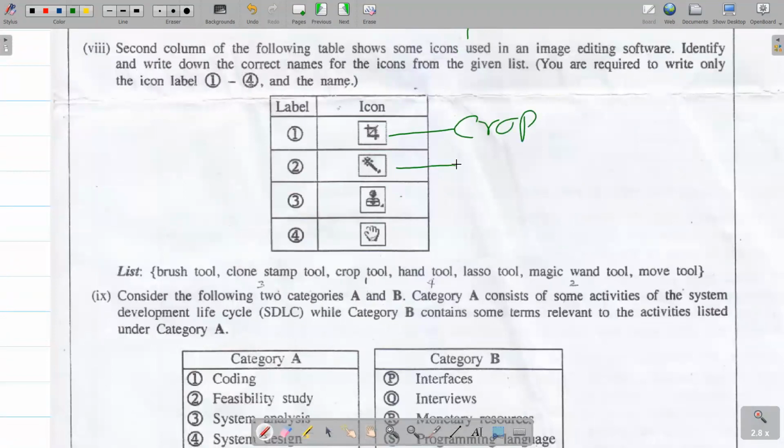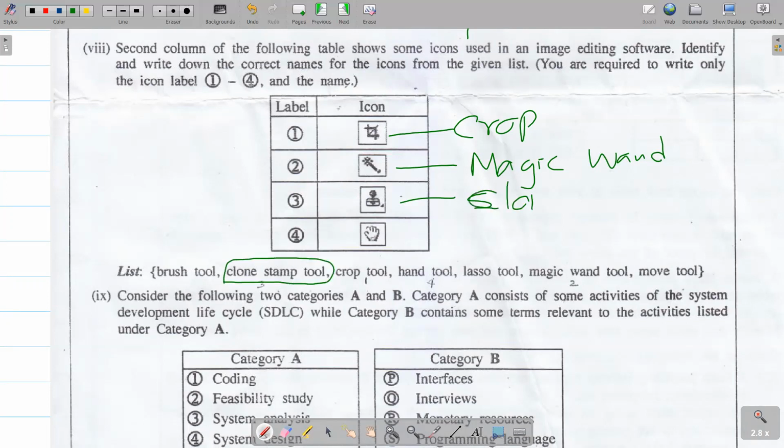This one in GIMP we call the fuzzy select tool, but here they call it magic wand. And this is the stamp tool or the clone tool, the clone stamp tool. So it is clone stamp.